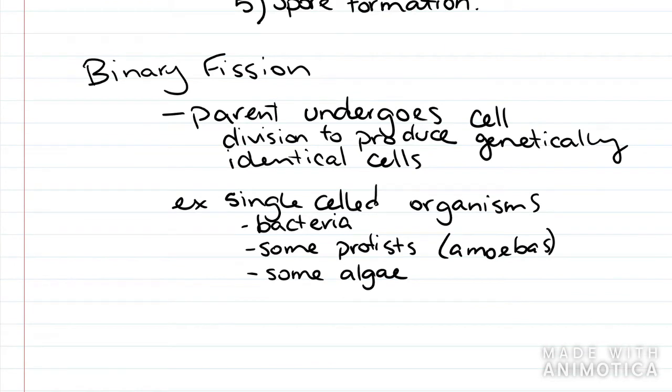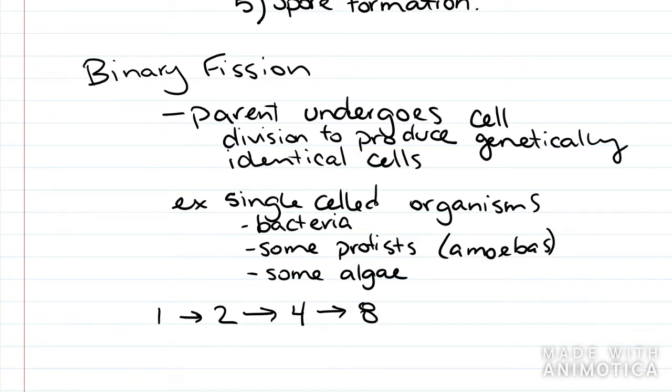So binary fission allows these guys to replicate really quickly. Sometimes it takes only 20 minutes for them to double their numbers. So think of it this way. You start with one bacteria, 20 minutes later, you have 2. 20 minutes later, you have 4. 20 minutes later, you have 8.